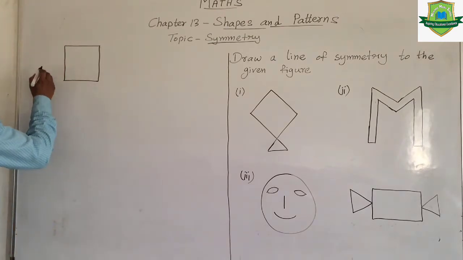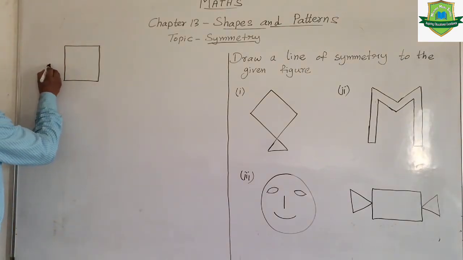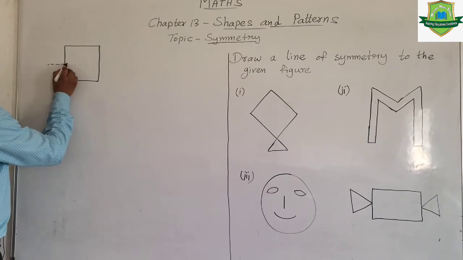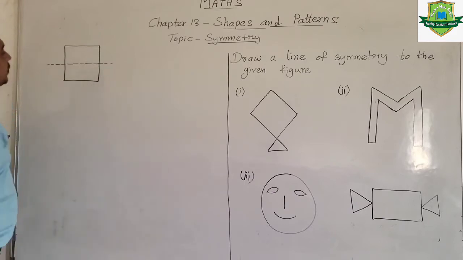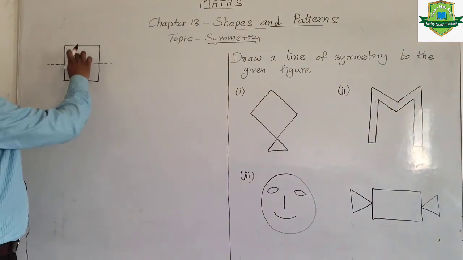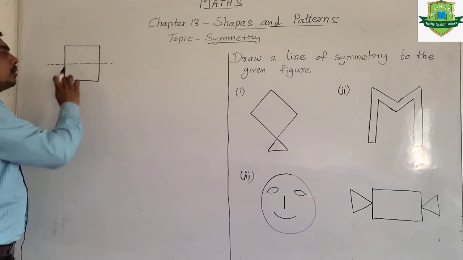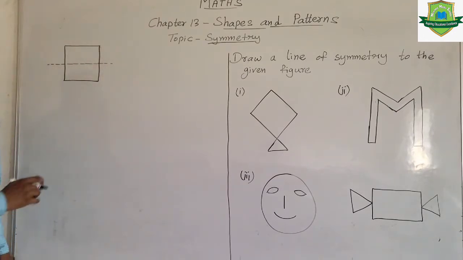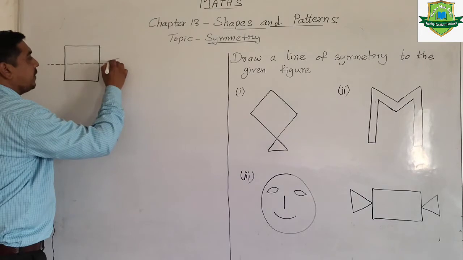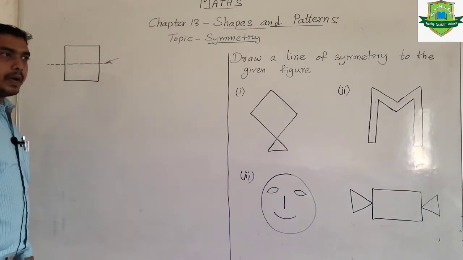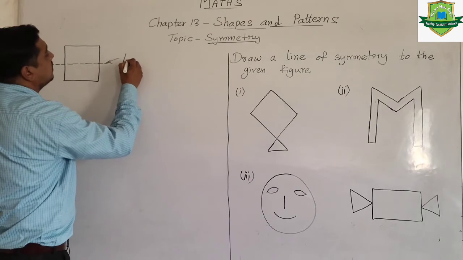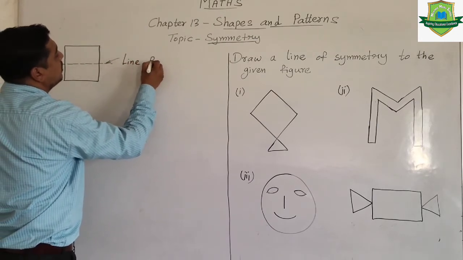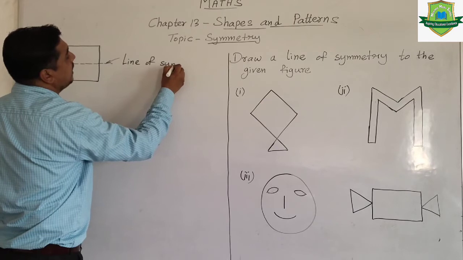So if I draw a line like this, then what happened? The square is divided into two equal parts. So the line which divides the square into two equal parts we call a line of symmetry.